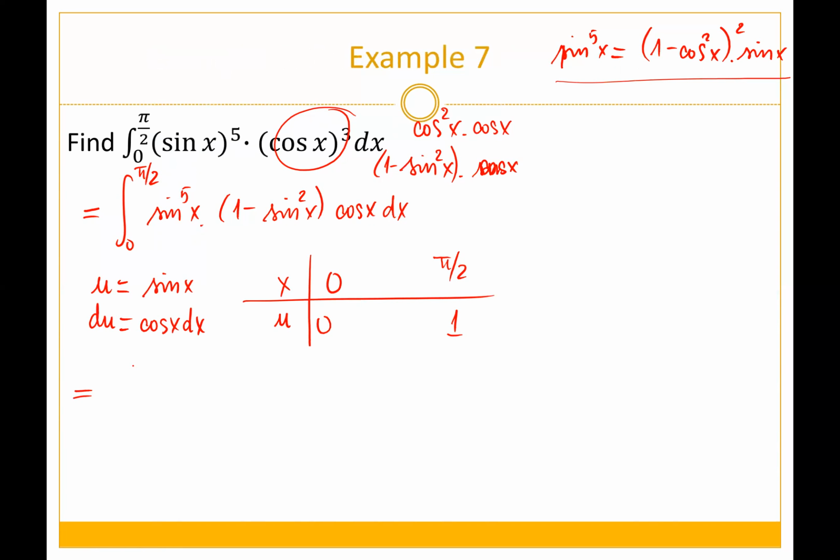So now your integral is going to become the integral from 0 to 1 of u fifth times 1 minus u squared du. See, doing it this way already helped you simplify the problem a lot. And now all you need to do is distribute them in and take the very easy integral.